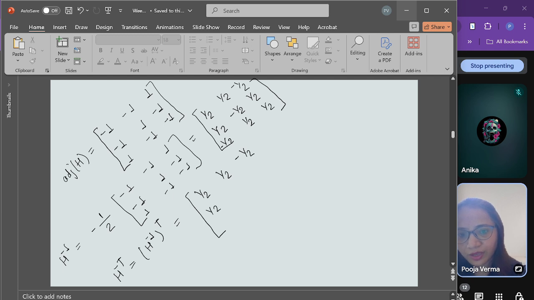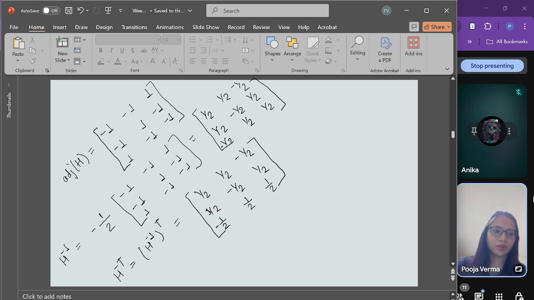Again 1 by 2, minus 1 by 2. Here it is 1 by 2. It is all 1 by 2, 1 by 2, minus 1 by 2, and also 1 by 2, minus 1 by 2, 1 by 2, and here also 1 by 2.